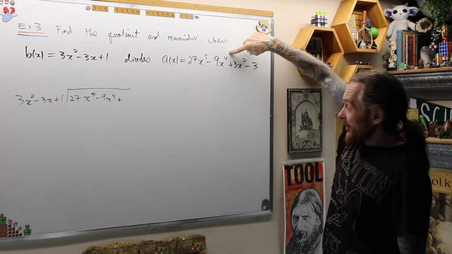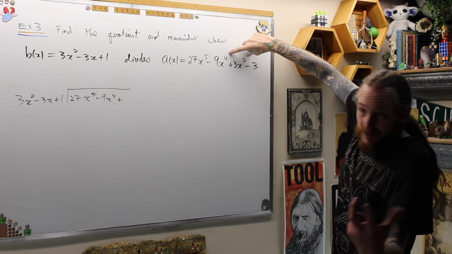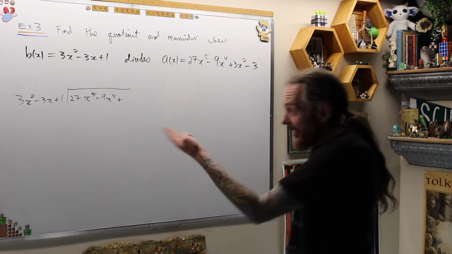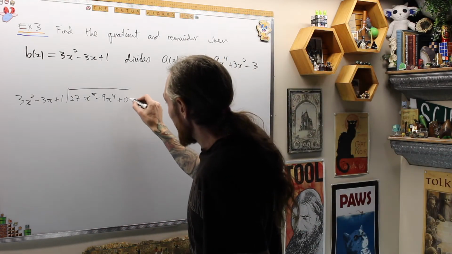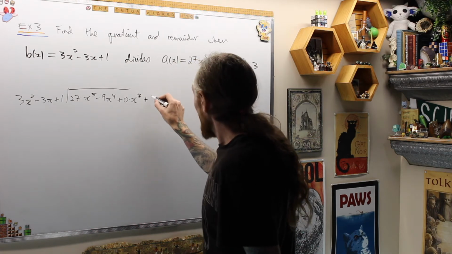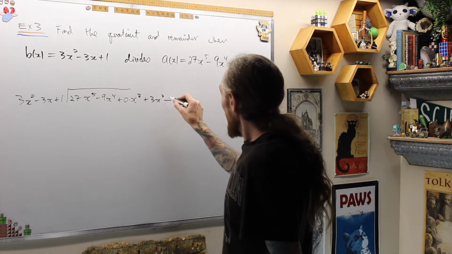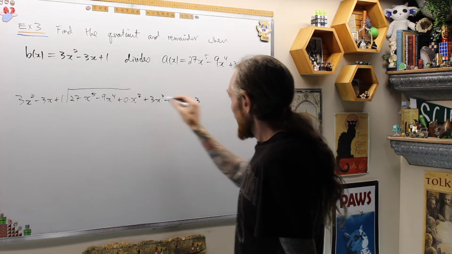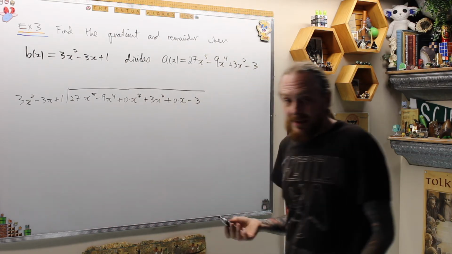So there's no cube and there's no x term, but I'm going to put those in so that everything lines up just in case, so that I don't have problems with this. So what I'm going to write is 0 times x cubed plus 3x squared plus 0 times x minus 3. So that's one of the good tips.